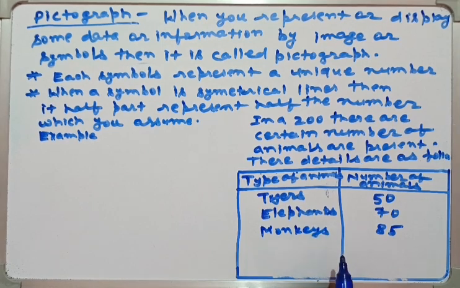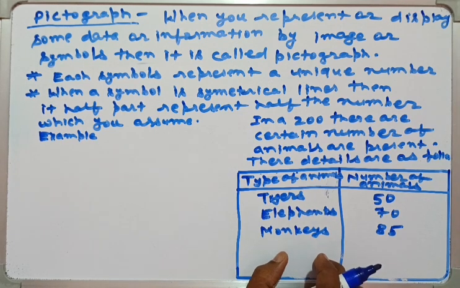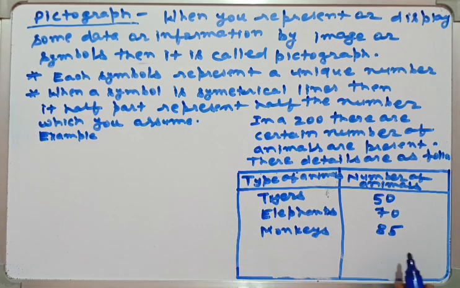I also assume in this zoo there are 25 deer. One thing you notice, plural of deer is also deer.